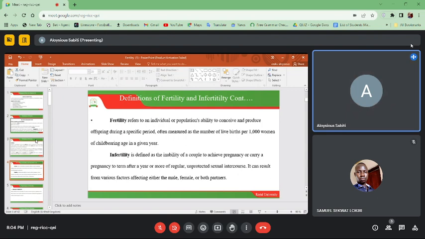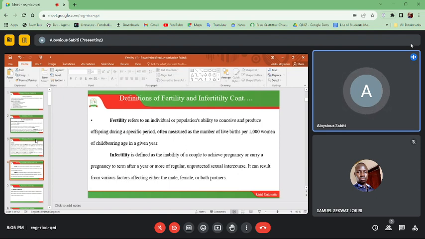And similarly, infertility is the inability to achieve a pregnancy or carry a pregnancy to term after a year or more of regular and unprotected sexual intercourse. It can result from various factors affecting either the male, female, or both partners. So you can see that at the last end, we're looking at carrying a pregnancy to term, meaning that you're able to have a live birth.